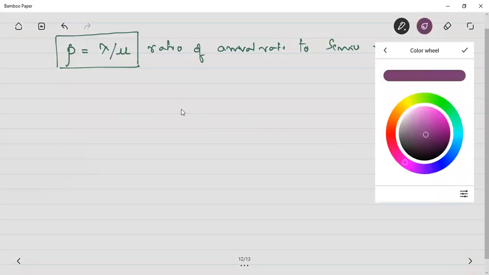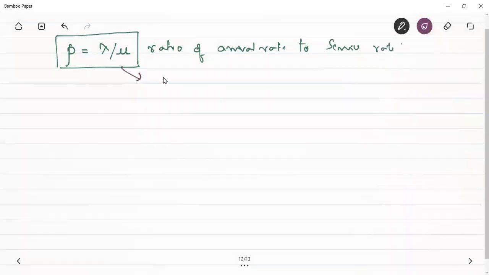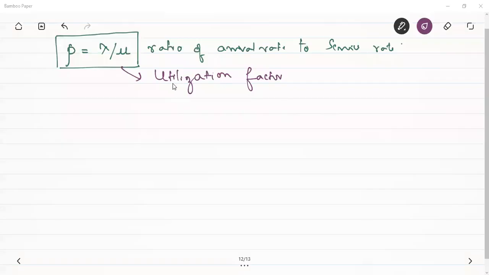This term rho is known as the utilization factor, or sometimes it is also known as traffic intensity.